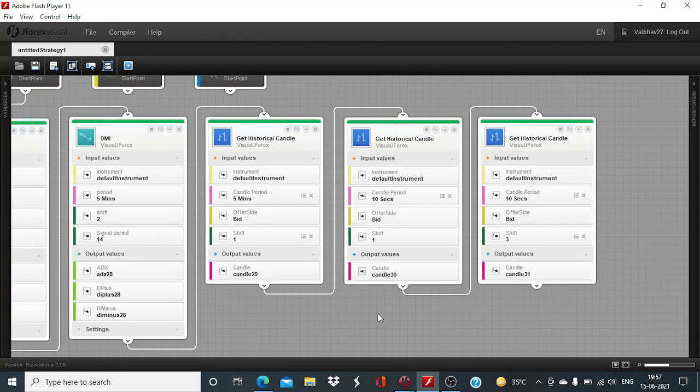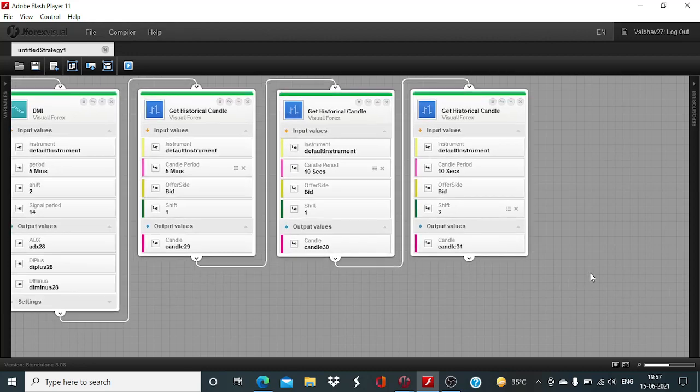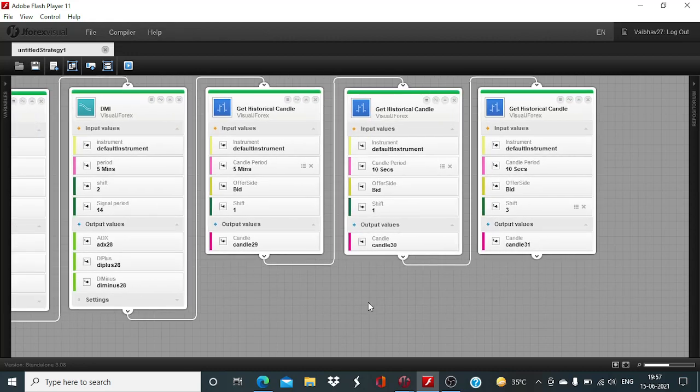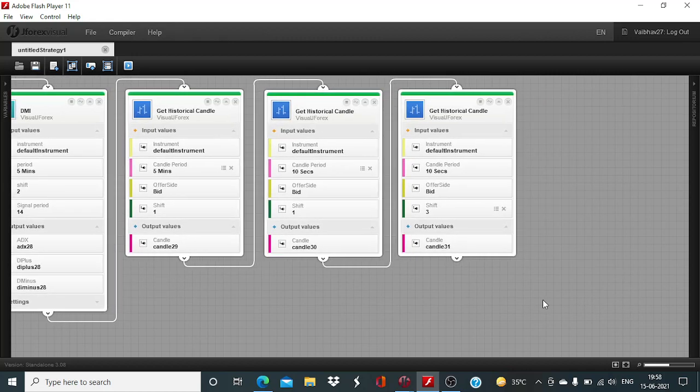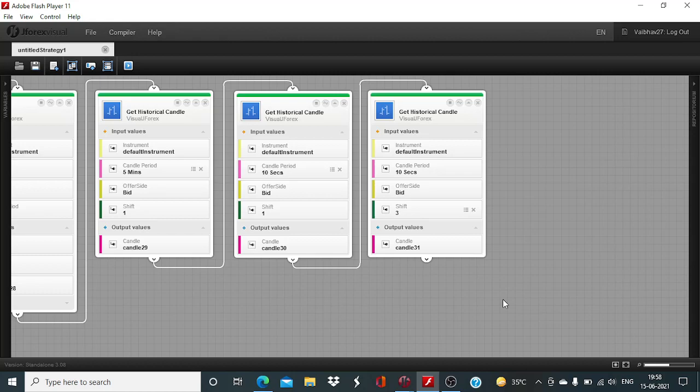And though we didn't really take the help of get historical candle to define the volatility, since we are using the scalping techniques, it will be very important for us to make sure that the stop loss and the target price get defined as per the immediate price action. So for that, we will indeed be taking the help of 1 more get historical candle, and that will be the hourly time period.